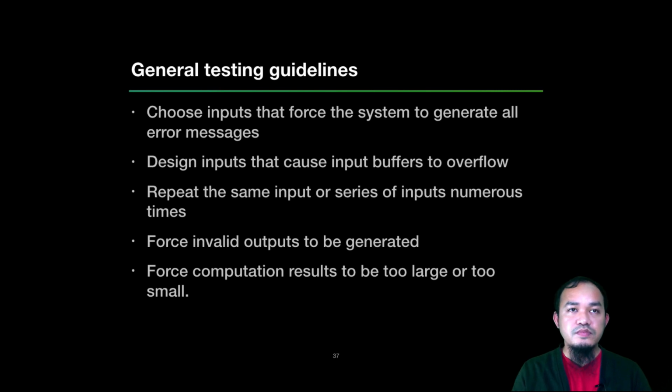So for example, we try to upload a file that is more than our application can handle, say the application only handles 2 megabytes of file. So we try to upload 100 megabytes or a gigabyte file to see whether it can be computed or not.